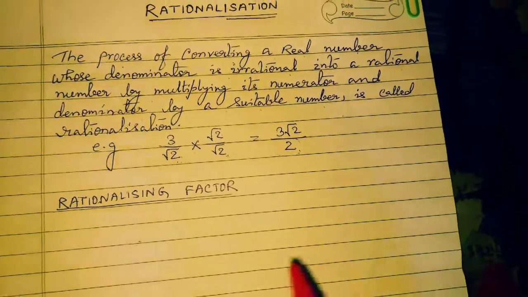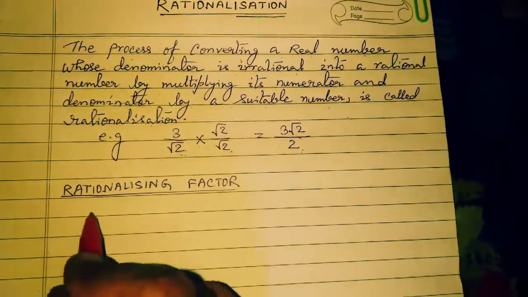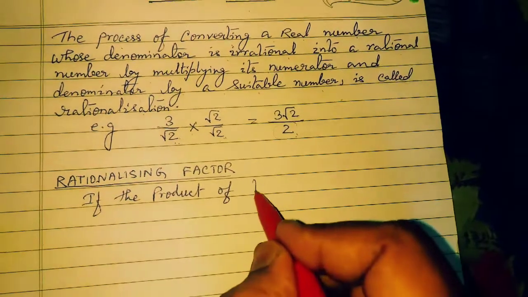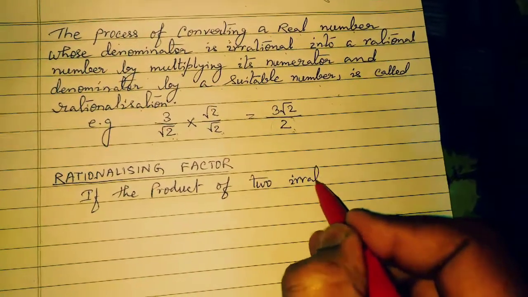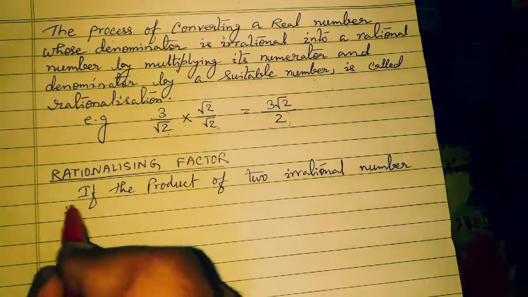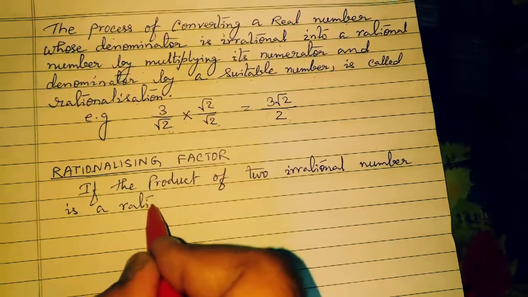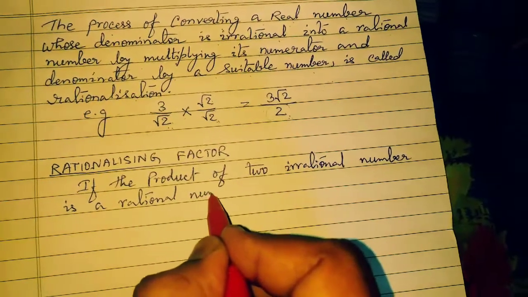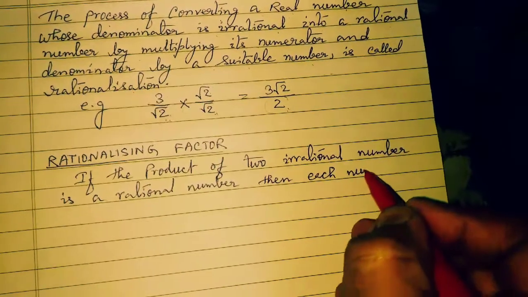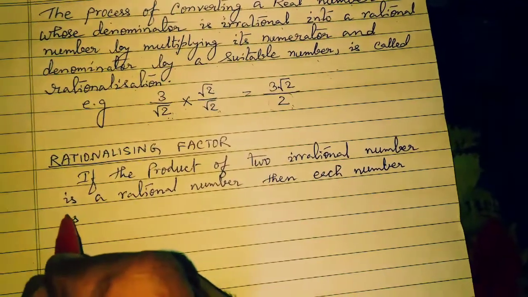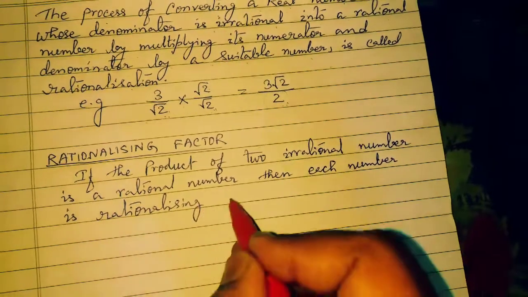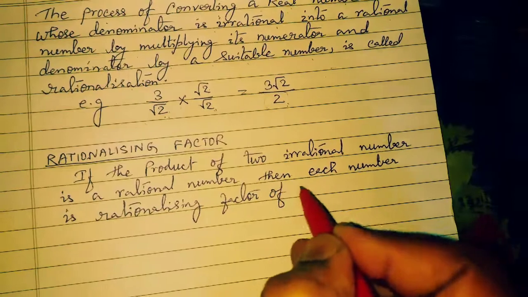So what do you mean by rationalizing factor? If the product of two irrational numbers is a rational number, then each number is the rationalizing factor of the other.